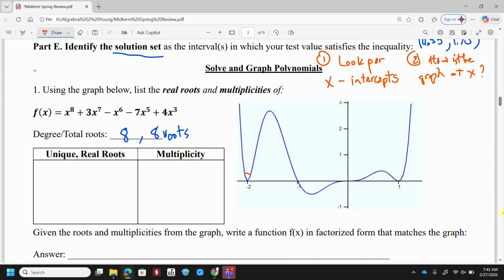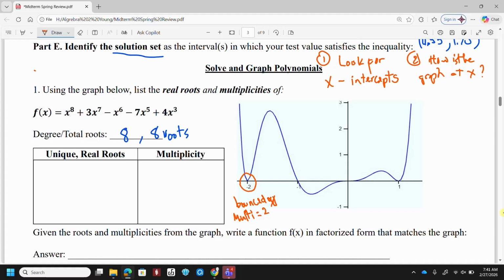Over here you have x equal negative 2, but this one bounces off, right? When it bounces off, you're going to have multiplicity equal to 2.